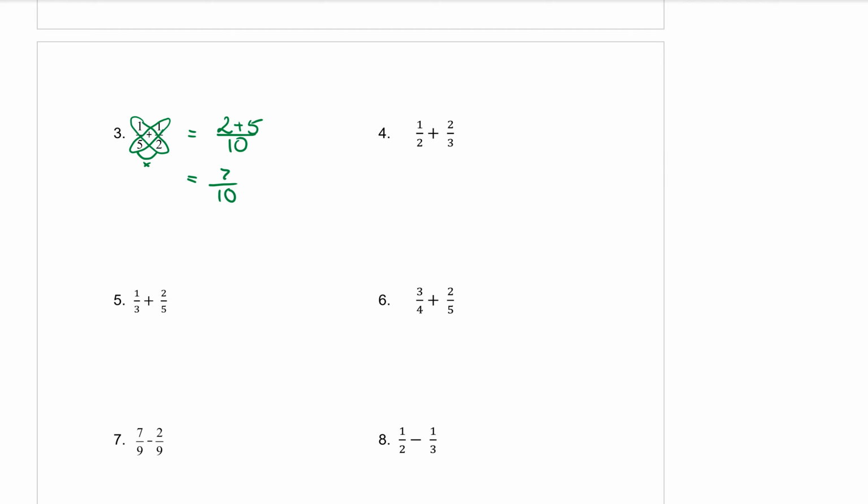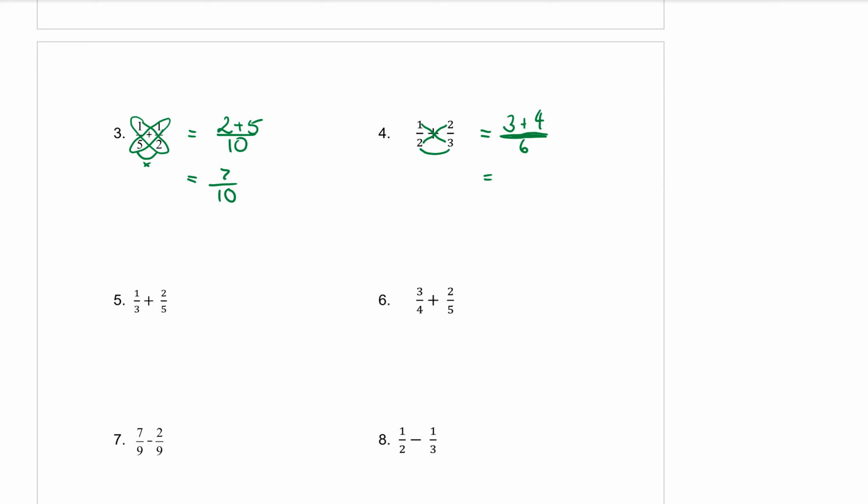Question 4. The first thing I'm going to do is times those two bottom numbers together. 2 times 3 is 6. So I'm going to make one big fraction with a 6 on the bottom. Then we times diagonally. 1 times 3 is 3. And then plus, then the other way, 2 times 2 is 4.